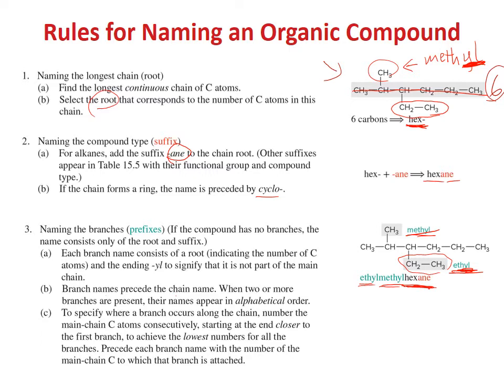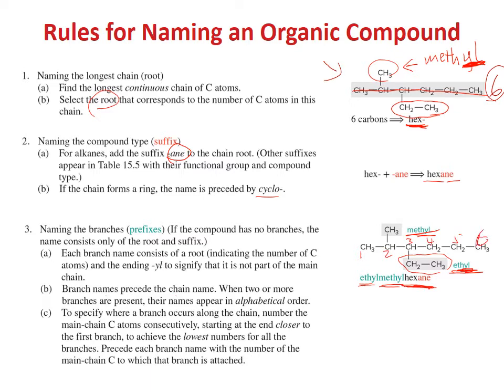Next, to specify where a branch occurs along the chain, we need to number the main chain carbon atoms consecutively, starting at the end closer to the first branch. So we can number 1, 2, 3, 4, 5, 6.